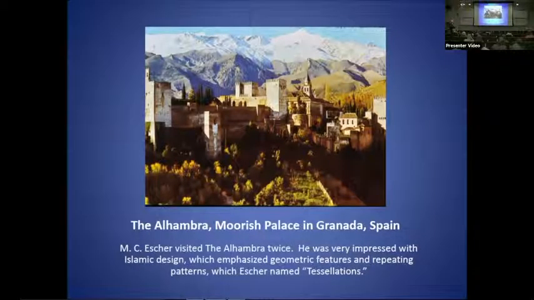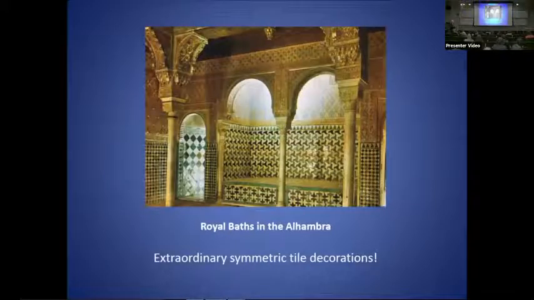This is a picture from the outside of the Alhambra Palace in Granada, Spain, where he visited twice. And as I said earlier, he was very impressed and very stimulated, and his entire life of productivity after visiting the Alhambra was influenced by the geometric designs he saw there. Here are some of those geometric designs in what's called the bathroom, the royal baths in the Alhambra.